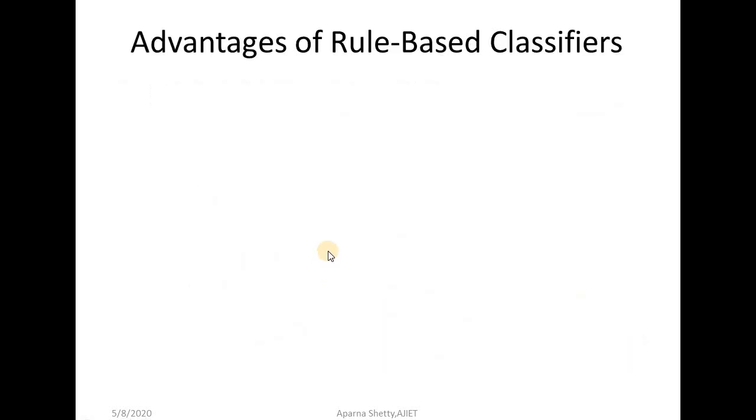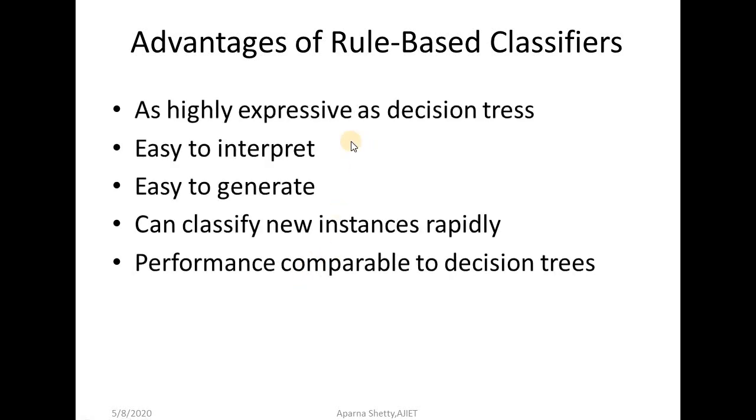What are the advantages of a rule-based classifier? A rule-based classifier is as highly expressive as decision trees. It is easy to interpret, easy to generate, can classify new instances rapidly, and its performance is comparable to decision trees.